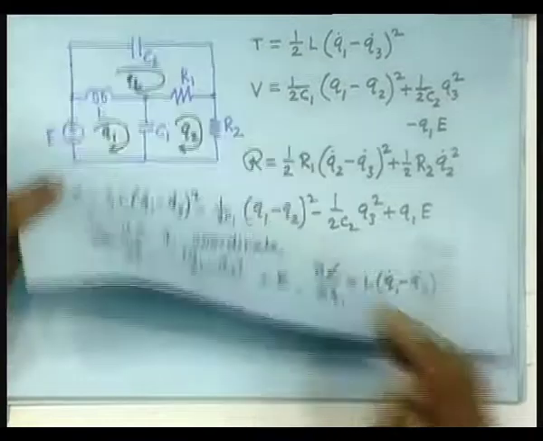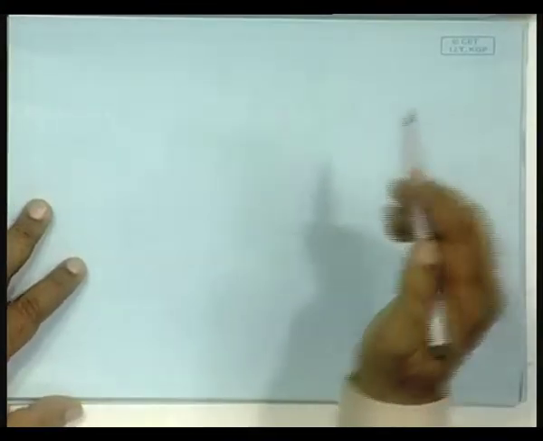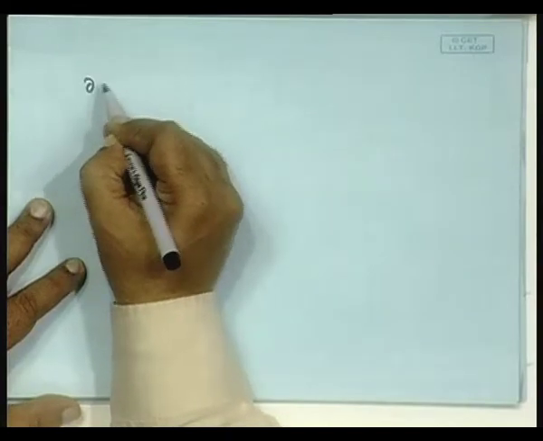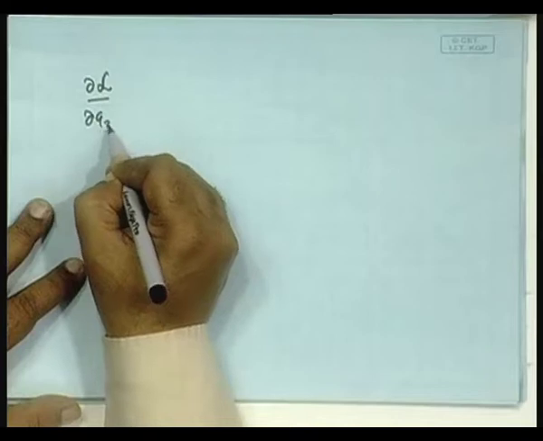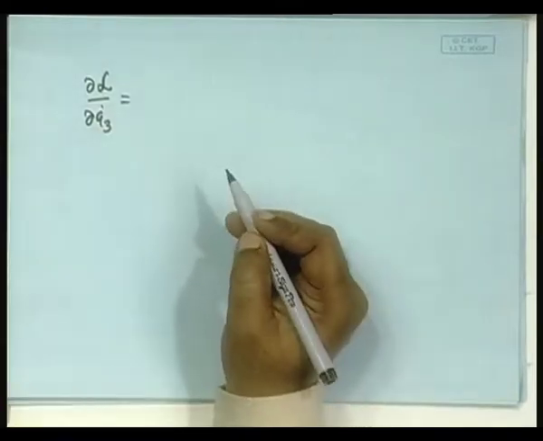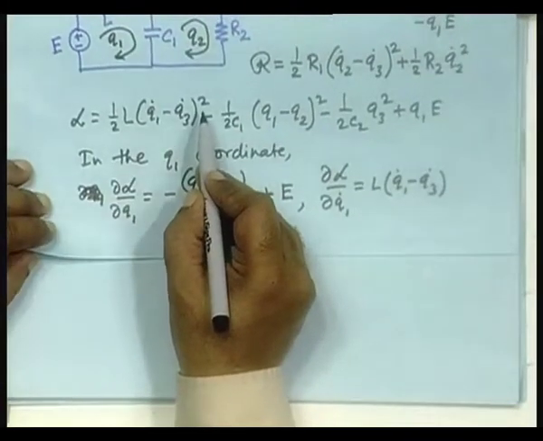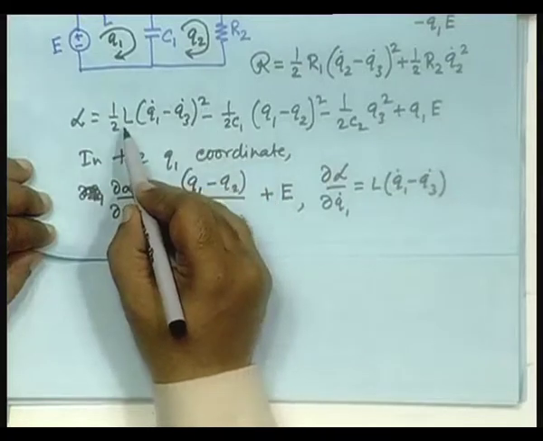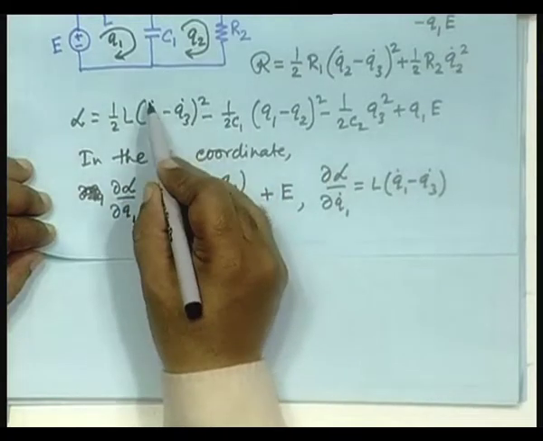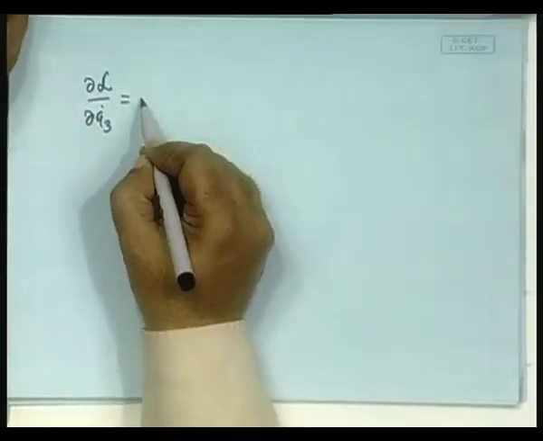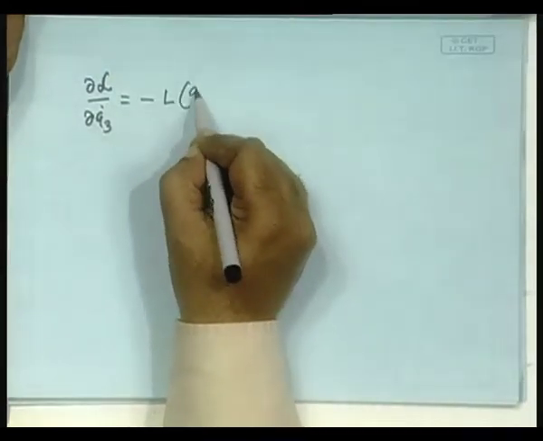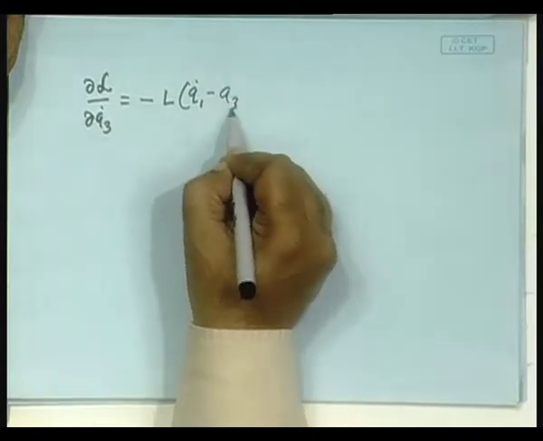See, in this case, I should actually write explicitly, otherwise this is creating problems. The Lagrangian with respect to q3 dot is L times this, but now this has to be differentiated. So, it will be minus L (q1 dot minus q3 dot).